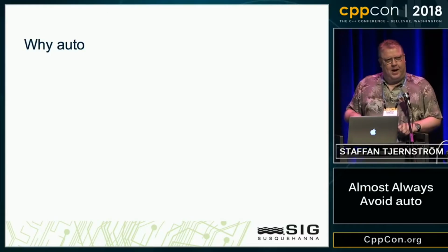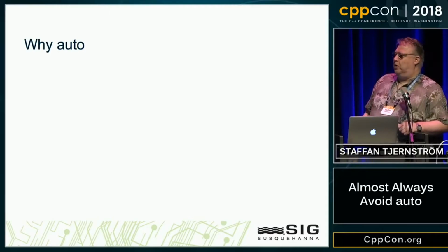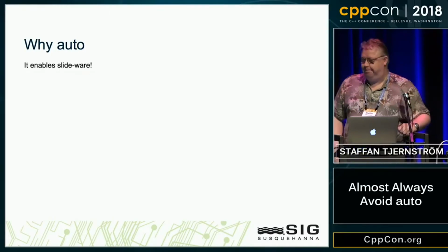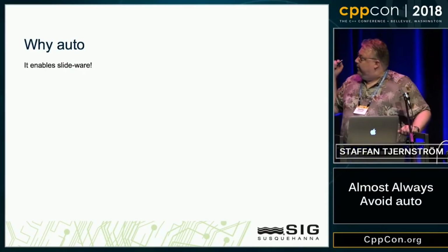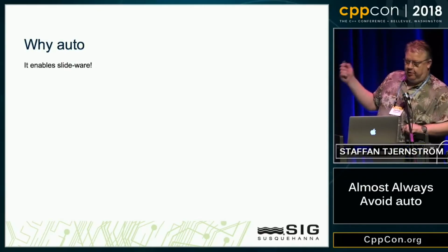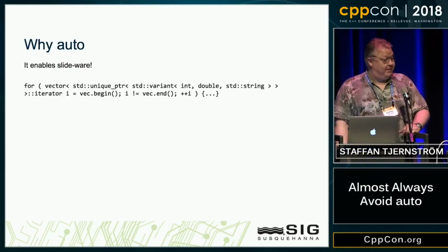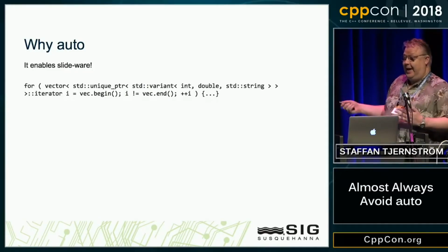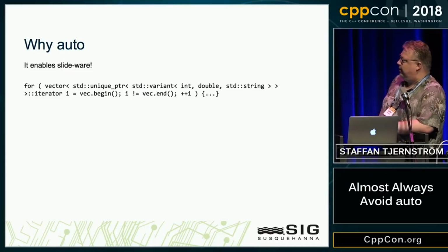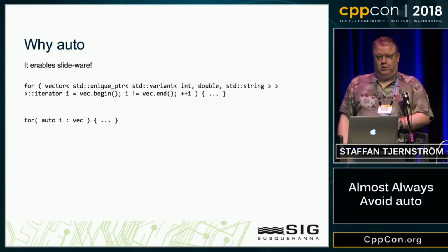And this, in my mind, leads me to probably the main reason why auto exists in the language. It enables slideware. One can look at the difficulties involved for the poor person having to write a pre-C++11 slide. And I recognize this is C++17, but trying to fit anything on a slide pre-11 was difficult. And one can understand that there is a certain allure when presented with the modern alternative.